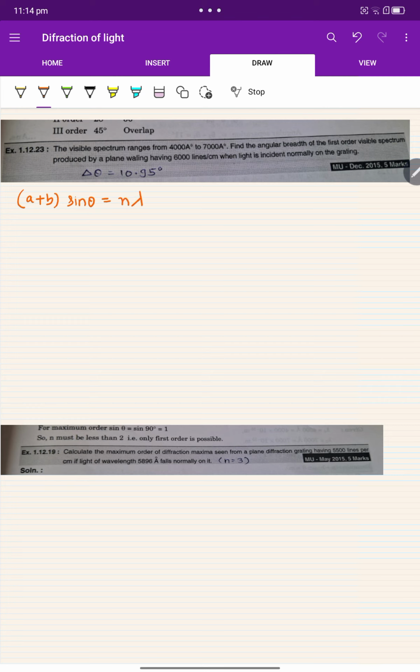Now for the first wavelength we'll write the same formula as A plus B sine theta 1 is equals to n lambda, and the wavelength will be 4000 Armstrong, and Armstrong we will convert into centimeter, which will be 10 to the minus 8 centimeter. A plus B is given. A plus B is 1 upon the number of lines per centimeter, which is given as 6000.